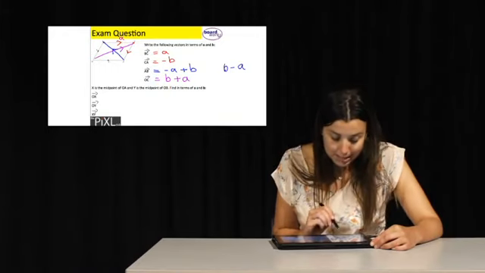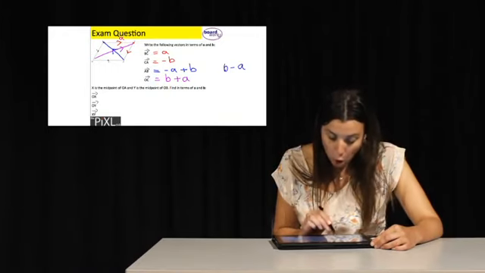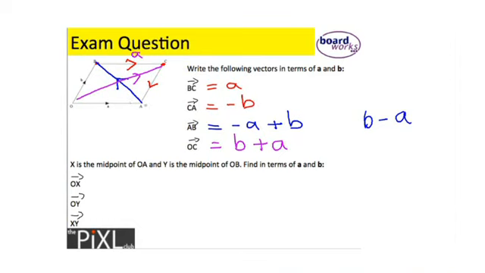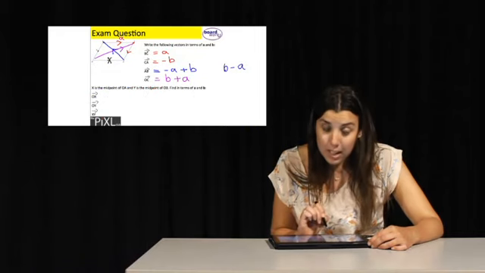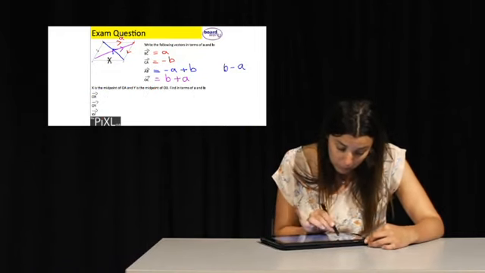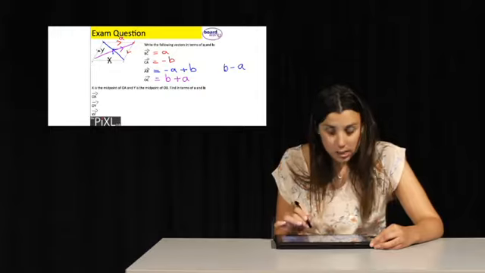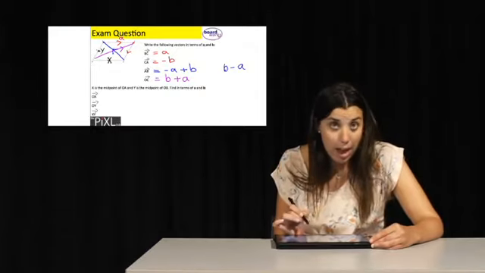In this case it says X is the midpoint of OA. Let's draw that in. So OA is here, X is the midpoint, it's halfway. Y is the midpoint of OB. So halfway here, we're going to have Y. We're also asked to find the vectors in terms of A and B again.